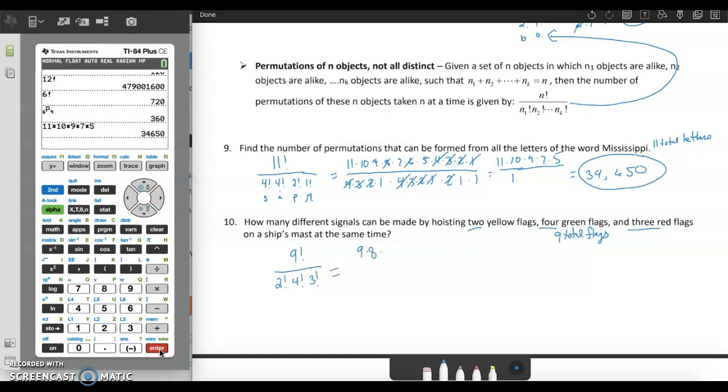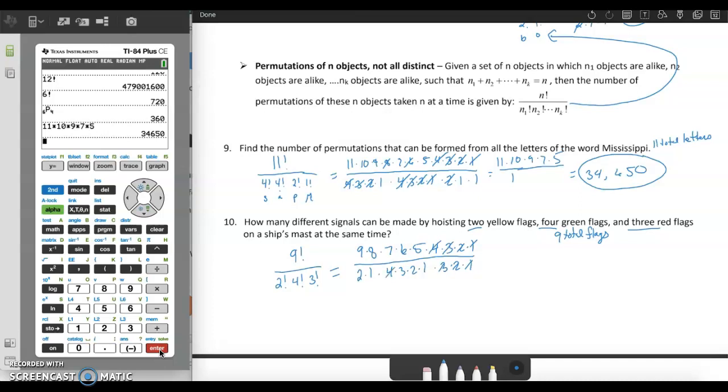And I'm just going to expand these again. So expand 9 factorial on top, and then 2 times 1 times 4 times 3 times 2 times 1 times 3 times 2 times 1 on the bottom. And start canceling things out. So I see I can cancel 3s, 2s, 1s.